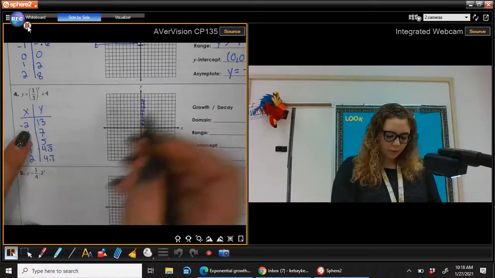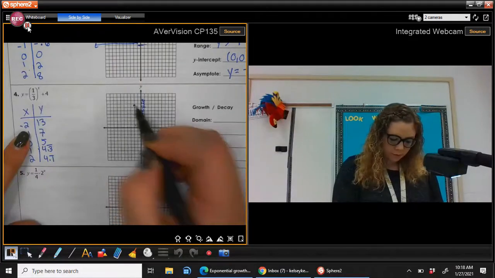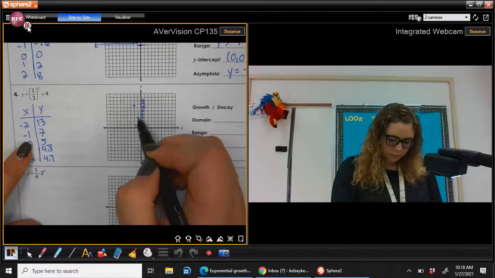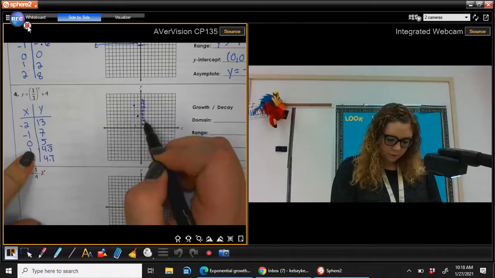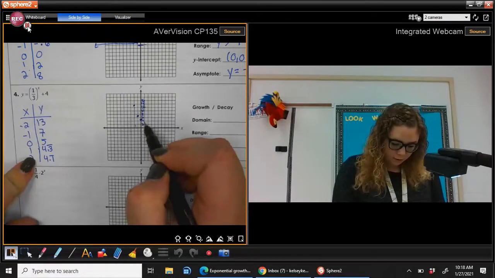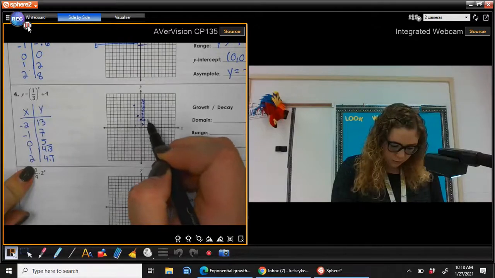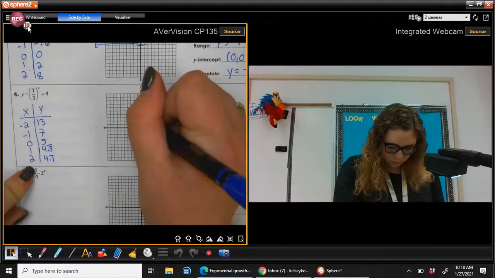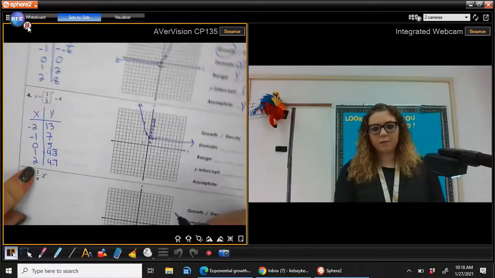So I have negative 2, 13, negative 1, 7, 0, 5, 1, 4.3, 2, 4.1. That's going to be my graph.